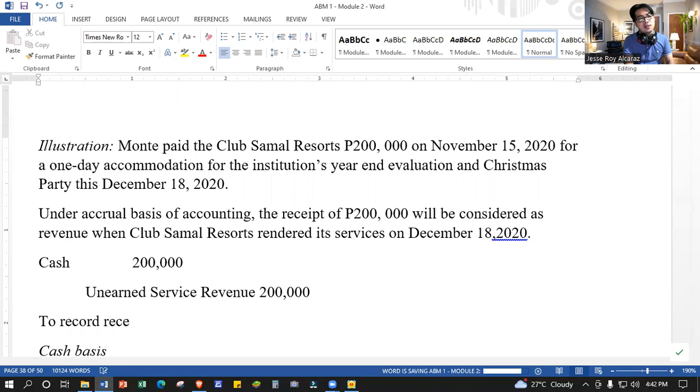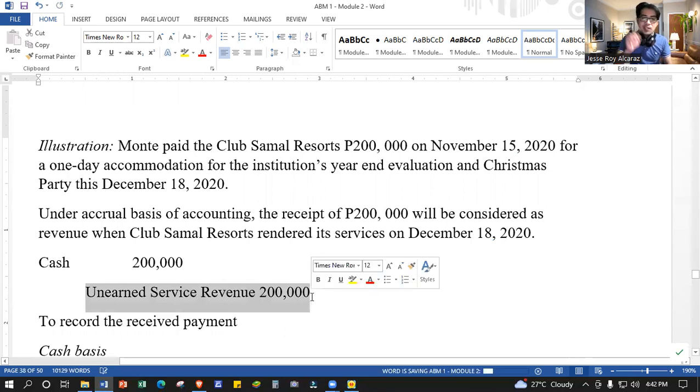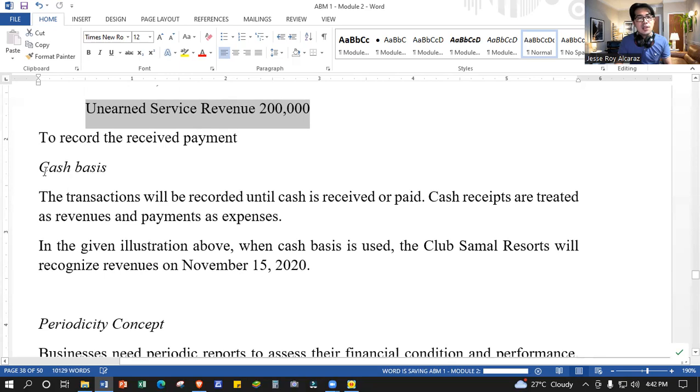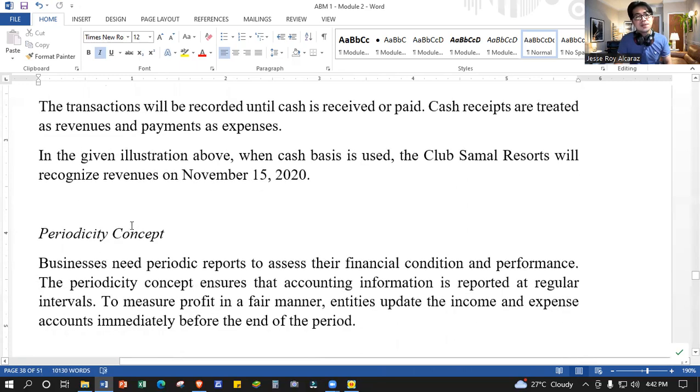However, if you notice, the credit is unearned service revenue and not service revenue. This credit is a liability account because you still have to render the service in the future. As compared to a cash basis, since you already received 200,000, automatically it will be recorded as income. So that's the difference between the accrual basis and the cash basis.